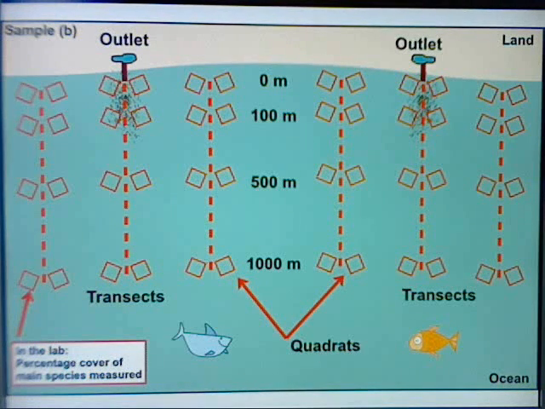So in this particular example, the design variables or the factors are outlet, transect and distance. The response or dependent variables are the percent cover of the species, and in this monitoring situation that's what we would be interested in looking at.